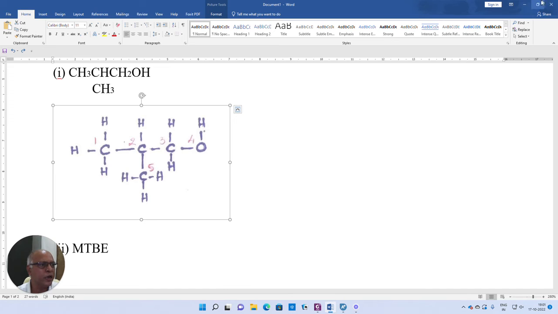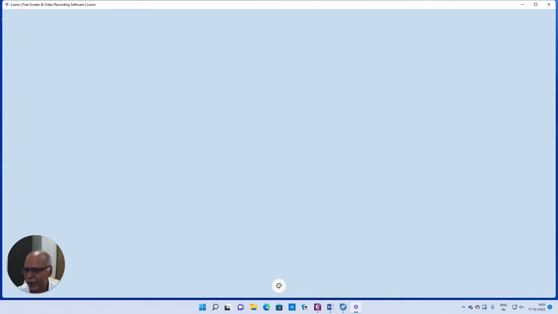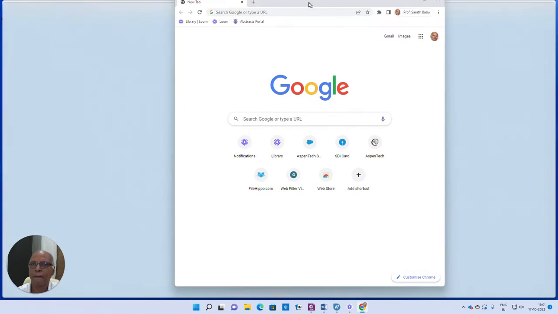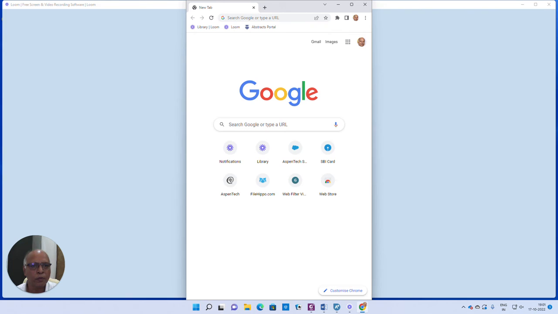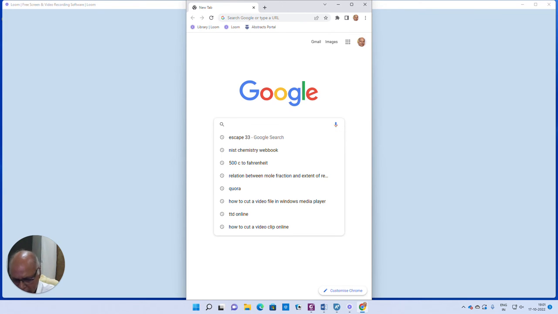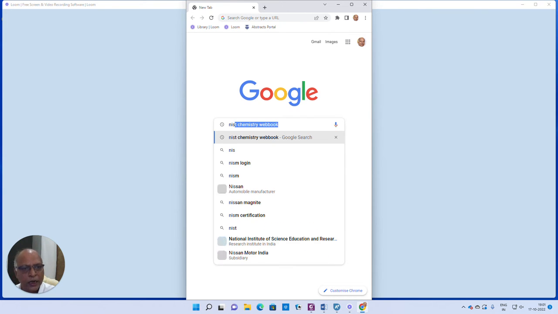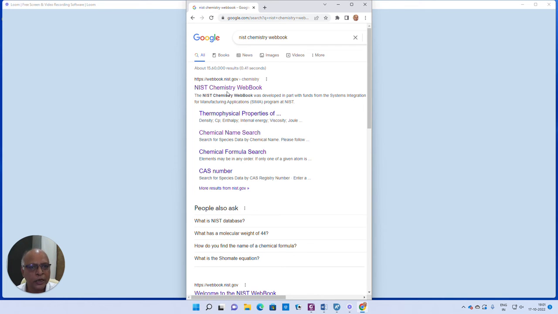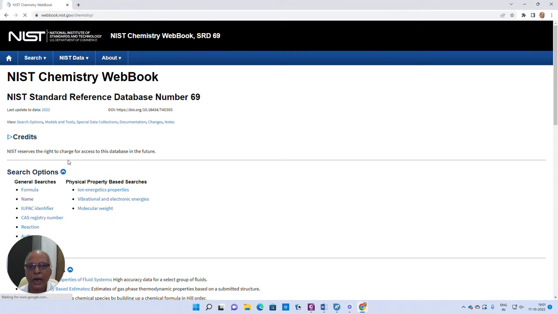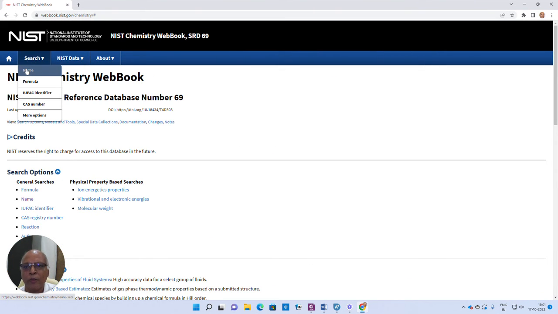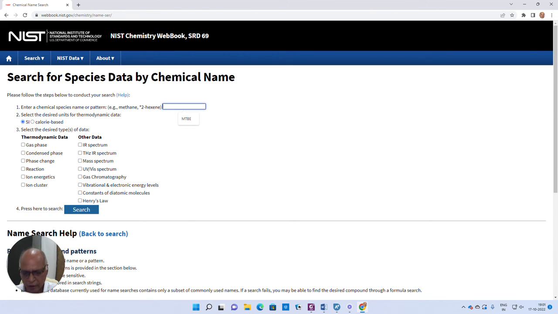For example, MTBE. You can go to the internet and Google NIST chemistry webbook. Just click on this link and you will be able to search for the name of the compound in this, for example, MTBE.